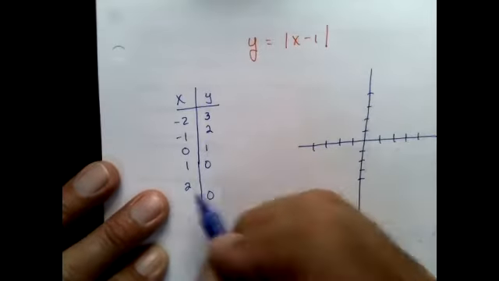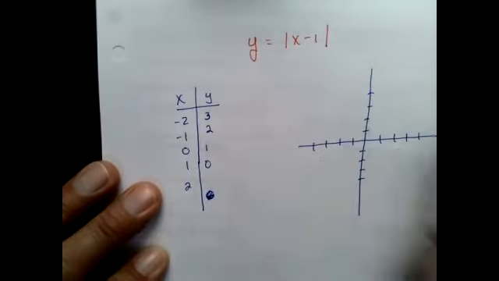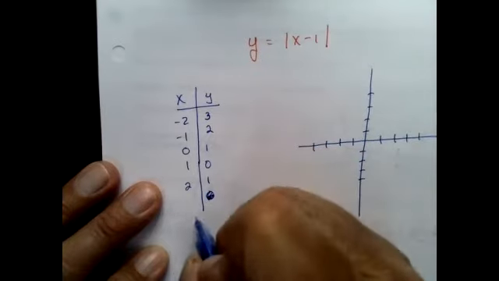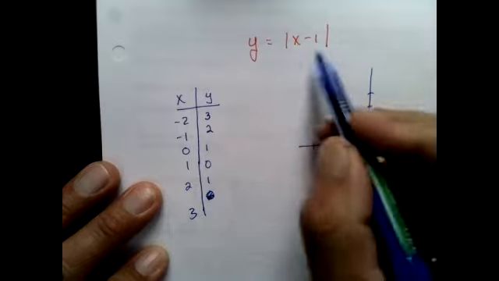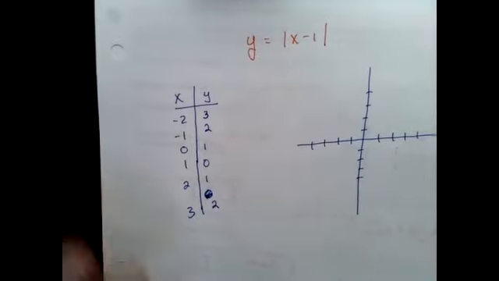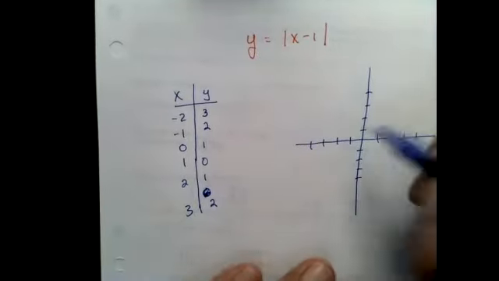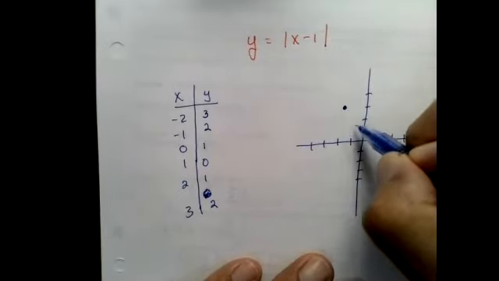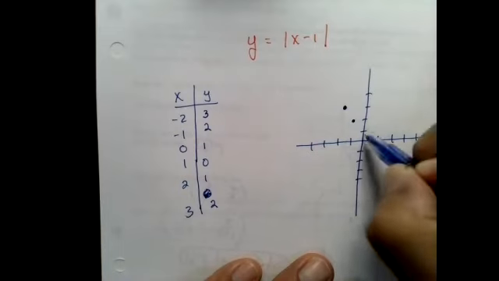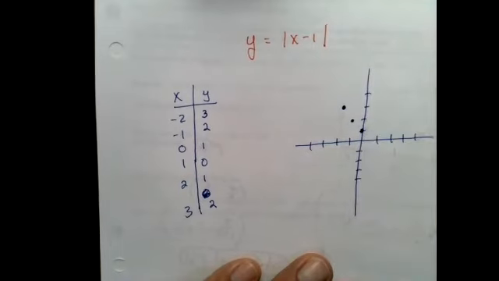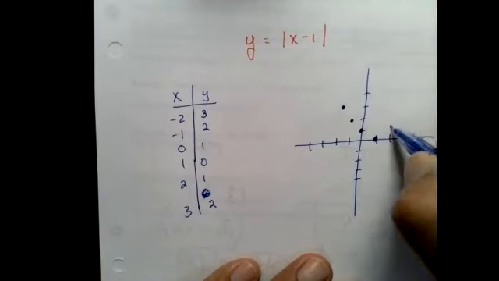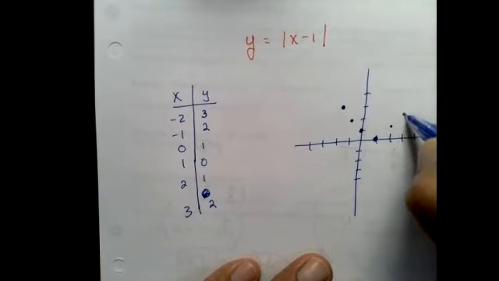If I plug in 2, I'm at 1. If I plug in 3, I'm at 2. So the points are -2, 3; -1, 2; 0, 1; 1, 0; 2, 1; 3, 2.